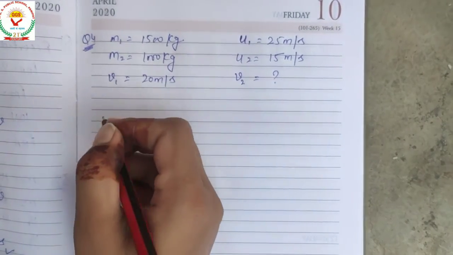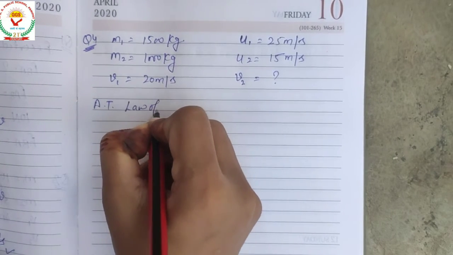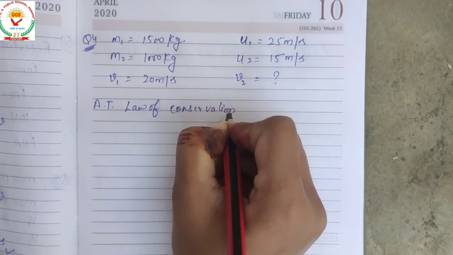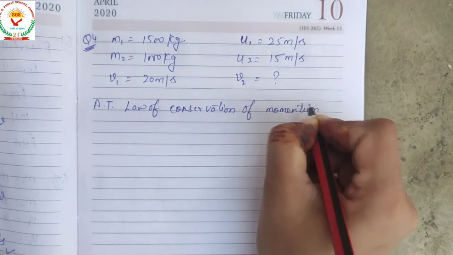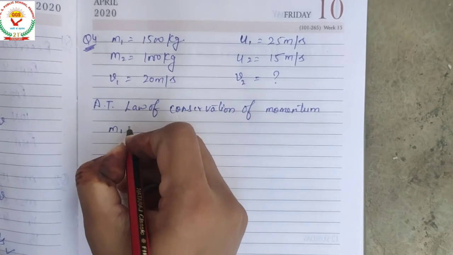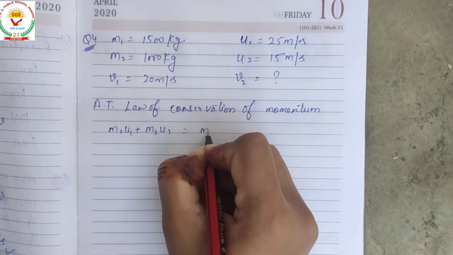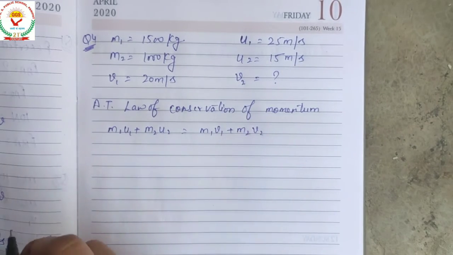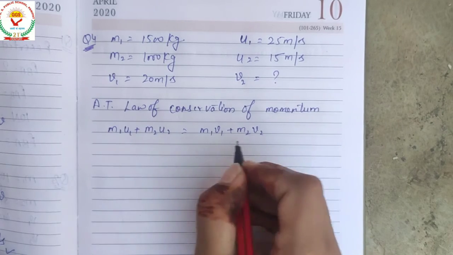So we know, according to the law of conservation of momentum, M1 U1 plus M2 U2 is equal to M1 V1 plus M2 V2. Now we have to just put the values.